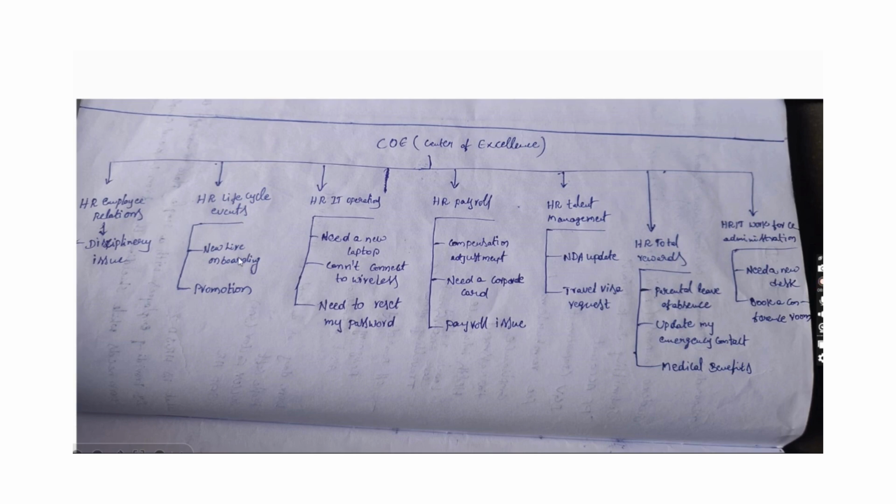And life cycle events. Life cycle events means, for example, a new hire onboarding, and promotions. Those types of things are handled by this service. And HR IT operations. What type of duties do they generally do?